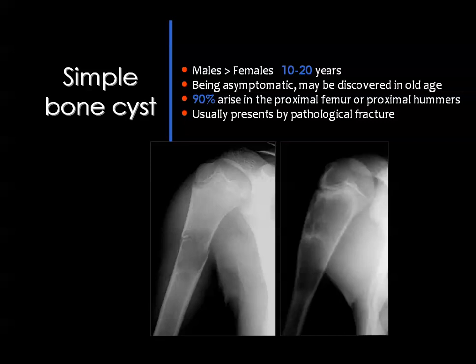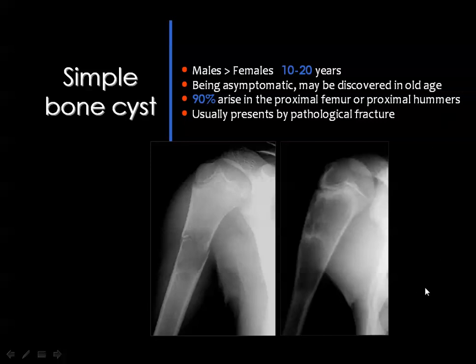The simple bone cyst, or unicameral bone cyst, is a cystic lesion which is unilocular. It does not contain multiple loculi. This cyst commonly occurs in the proximal humerus and the proximal femur. 90% of these lesions occur in the proximal femur or the proximal humerus.